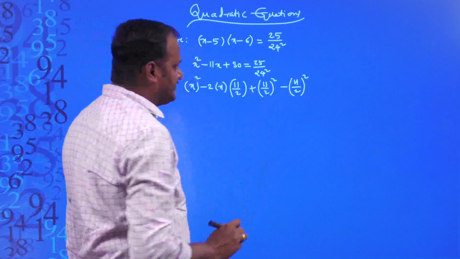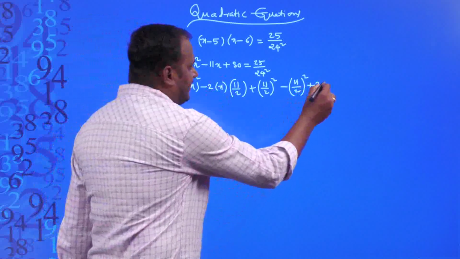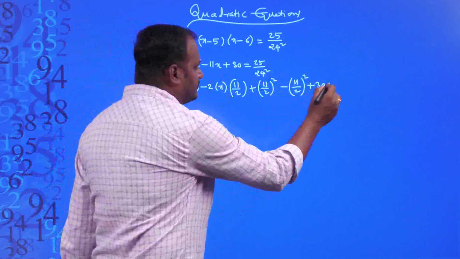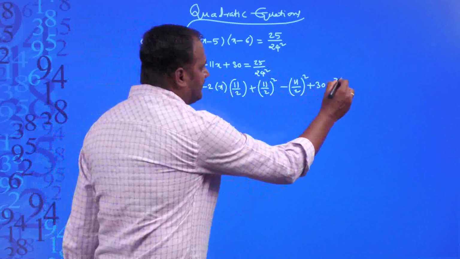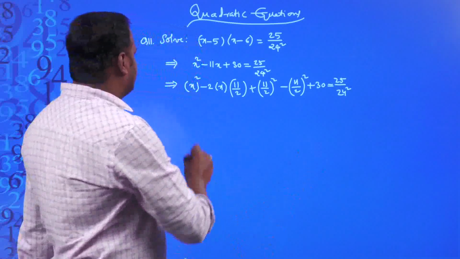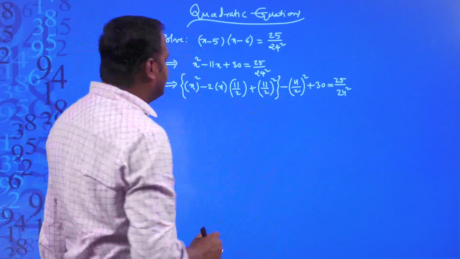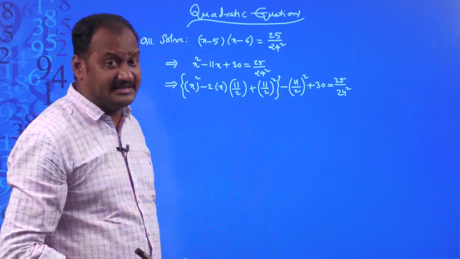Now it is balanced and we are left with one more number, 30, that is plus 30, and anyway transposing 25 by 24 square, otherwise you can leave it as 25 by 24 square. If you observe, from here to here is in the form of a square minus 2ab plus b square.